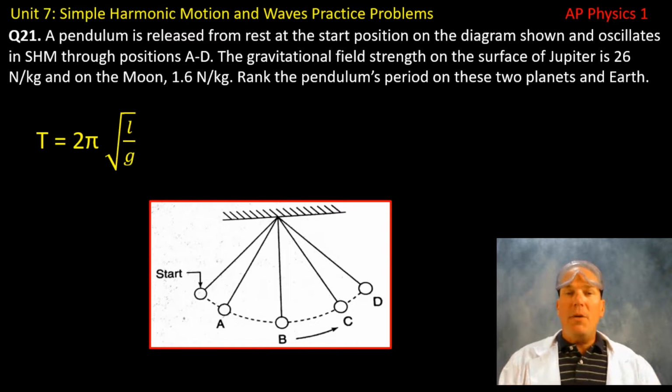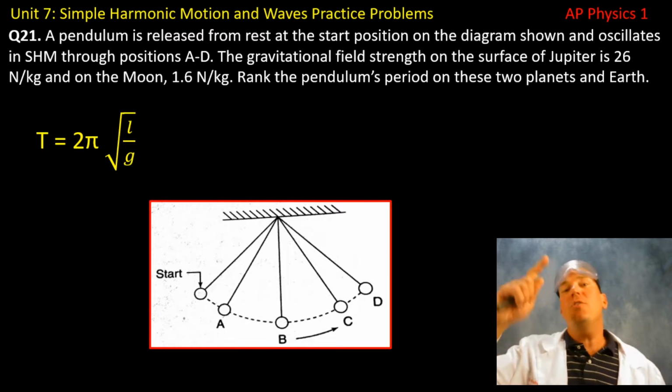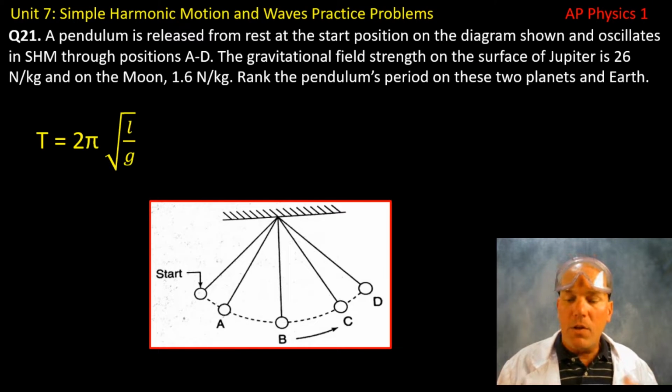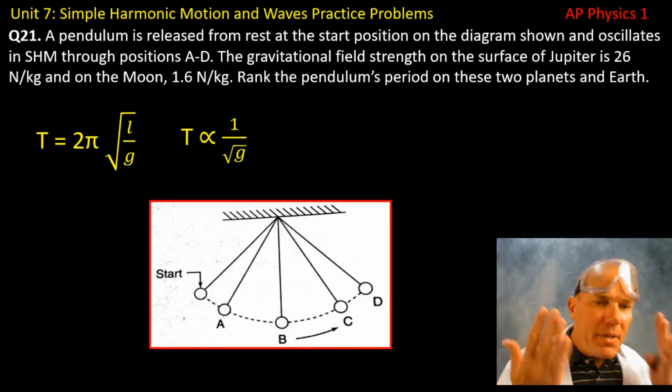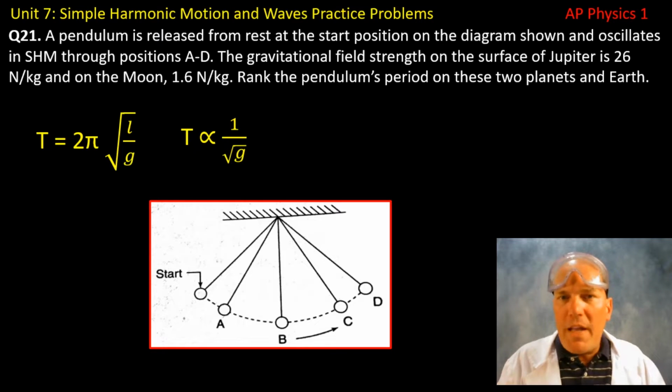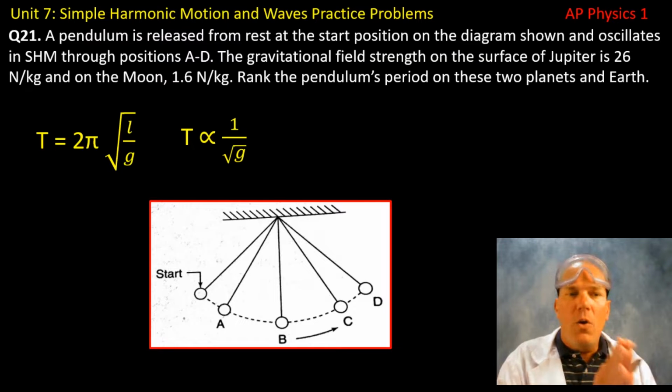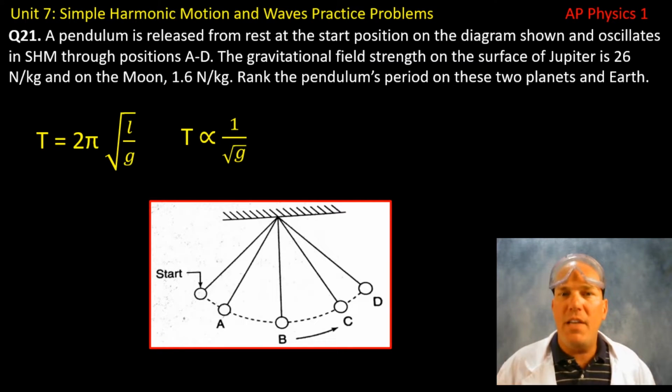The period will get smaller and smaller, which means the frequency gets larger and larger. So our ranking for these, given that the period is directly proportional to the inverse of little g, the acceleration due to gravity, under the square root, or I could call this the gravitational field strength. Okay, so we've looked at this.